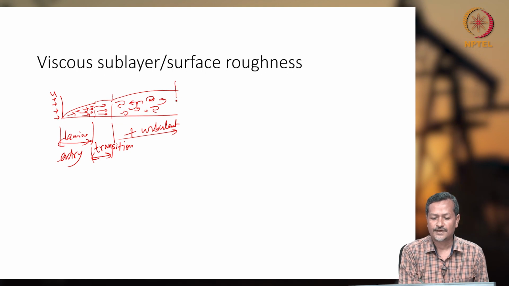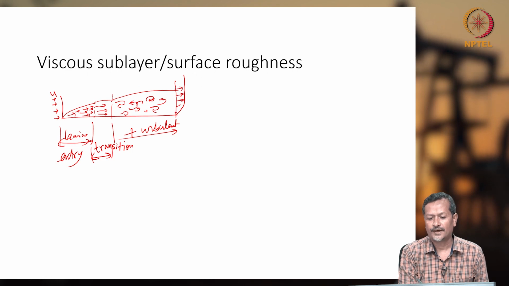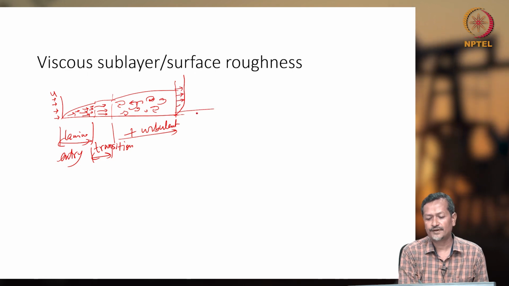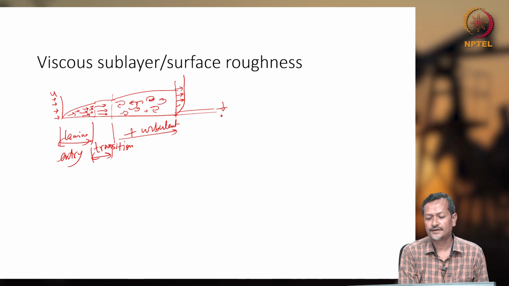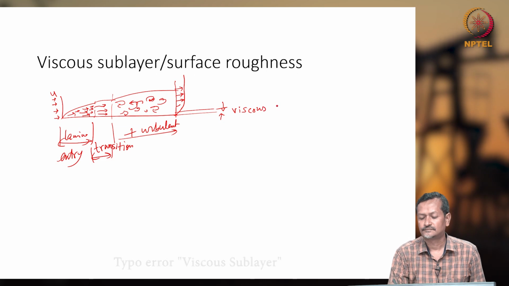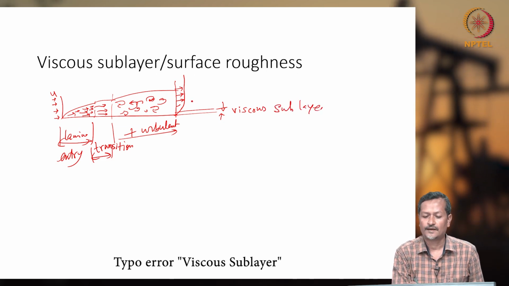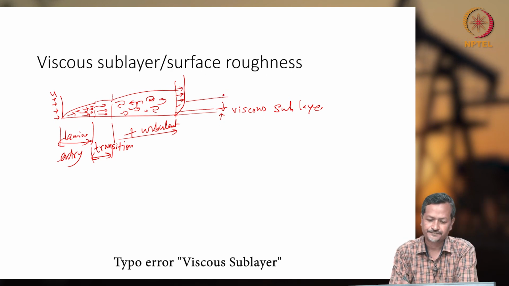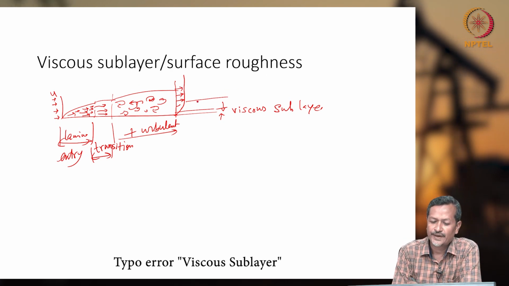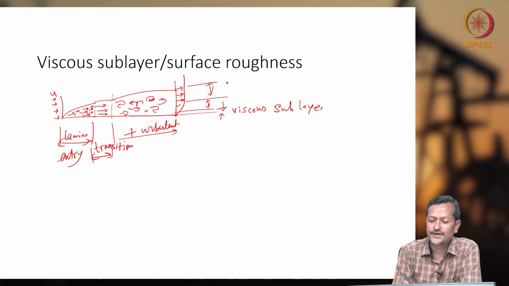So it is like this, and if I draw the velocity profile in the turbulent zone, it will be like this. Near the wall a very thin layer will be there, that is called the viscous sublayer. And there will be another layer, then this will be the fully turbulent layer.